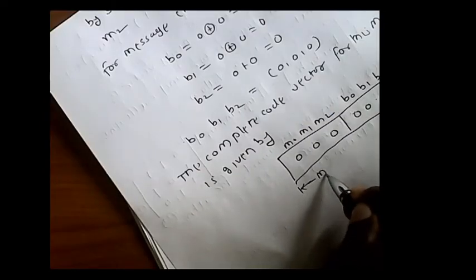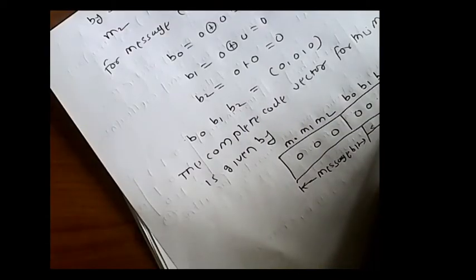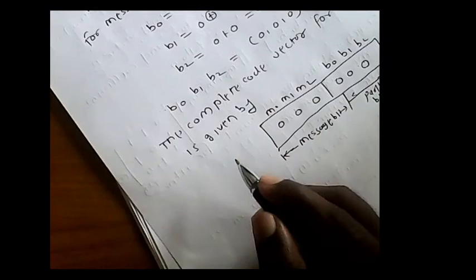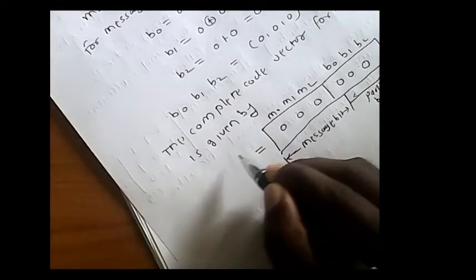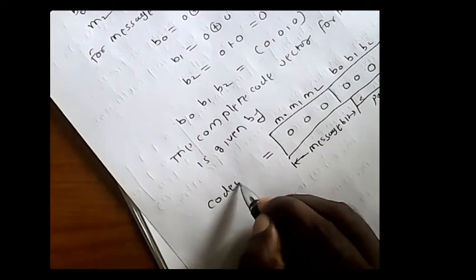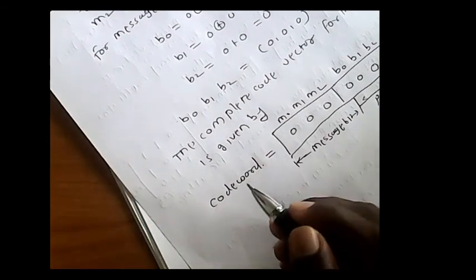So this is your message bit and this is your parity bits. And this complete block, message bit plus parity bit, is called as code word or code vector.